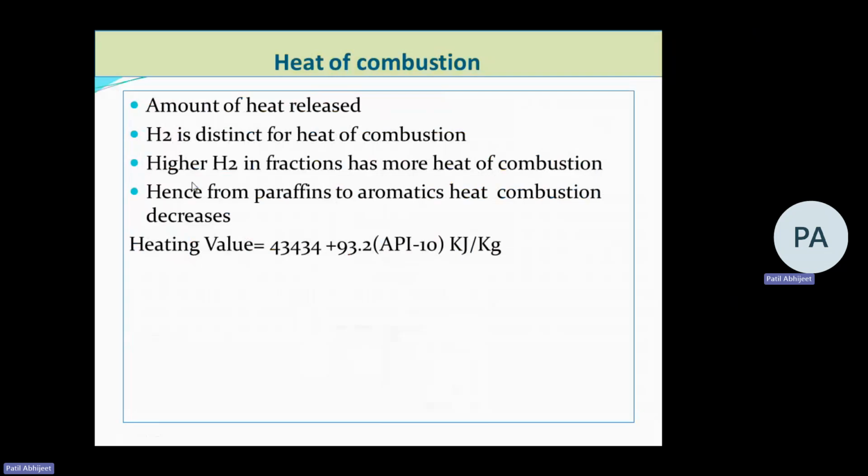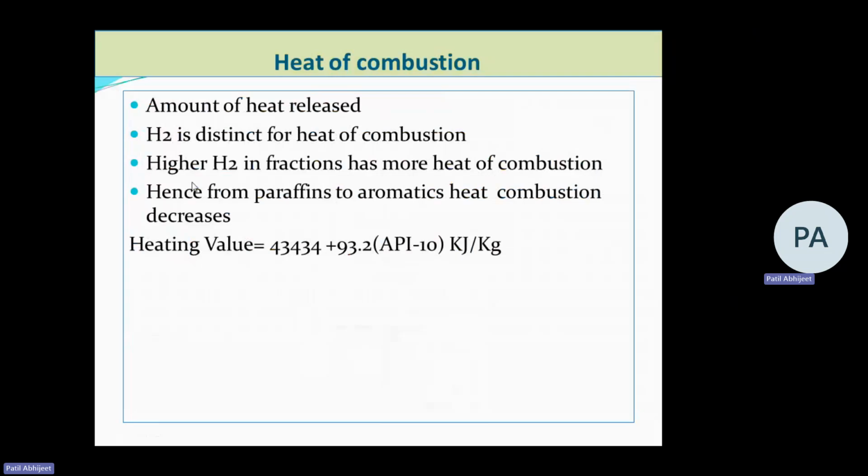As the carbon range goes on increasing, if the hydrogen fraction were also increasing, then the heat of combustion would be more. Hence from paraffins to aromatics, heat of combustion goes on decreasing, not increasing.